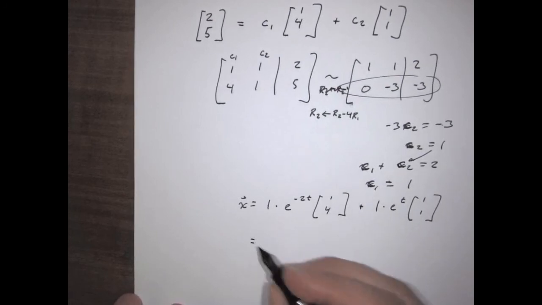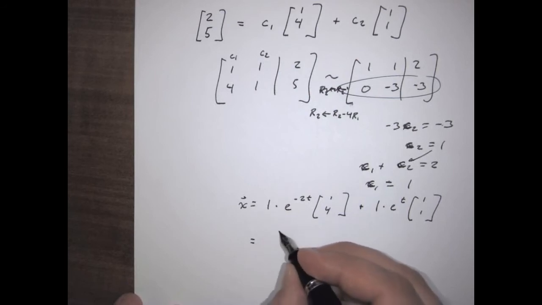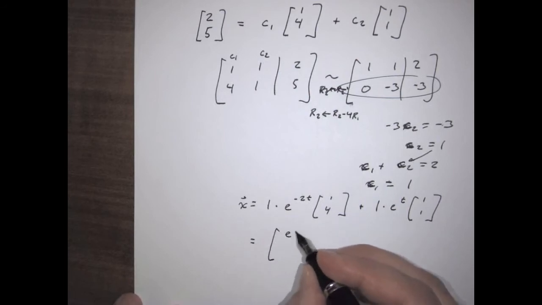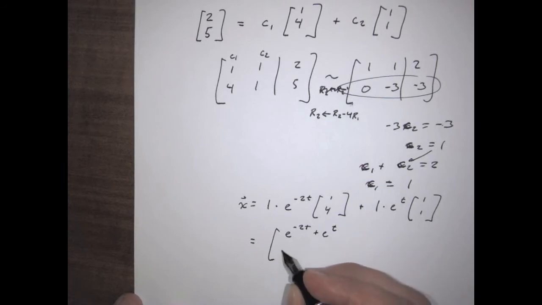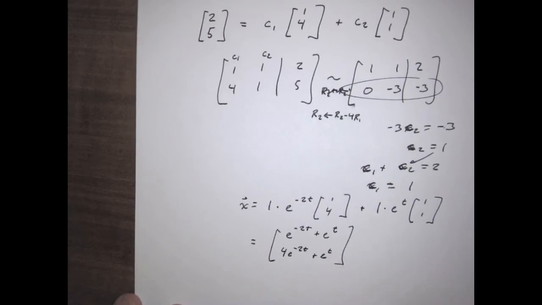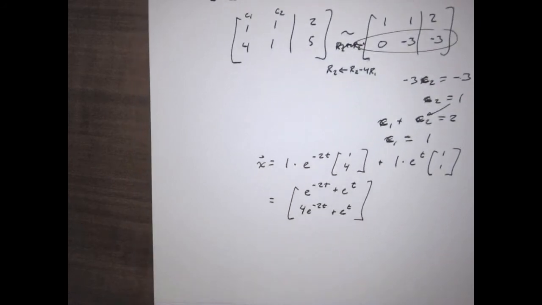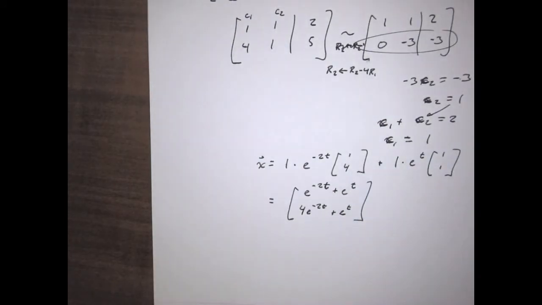Which you might, if you wish, rewrite in the form (e to the negative 2t plus e to the t, 4 e to the negative 2t plus e to the t). Which you could also separate out into the two variables, all depending on really what you want.